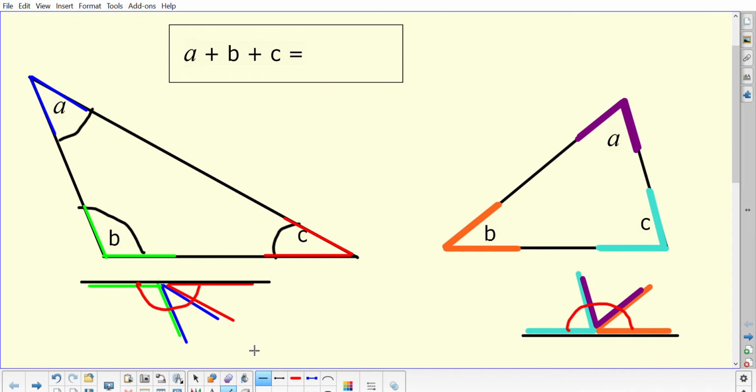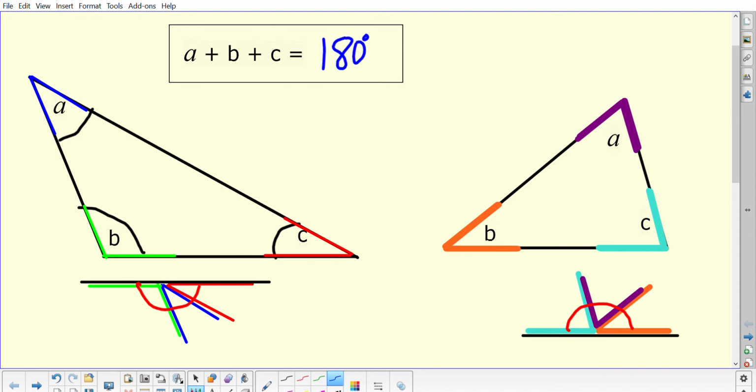So what that tells us, because we know the angles that fit together on a straight line, supplementary angles is the term you met in the last lesson, is that they always add up to 180 degrees.